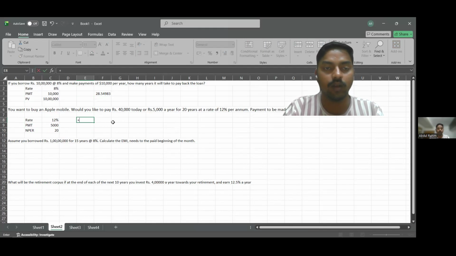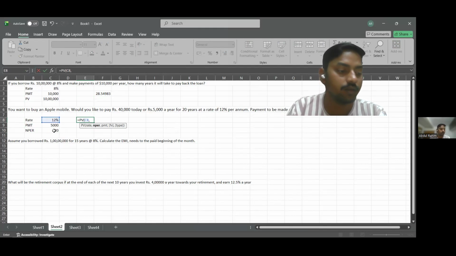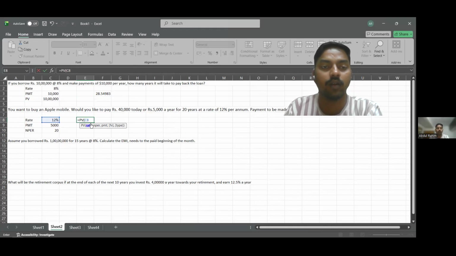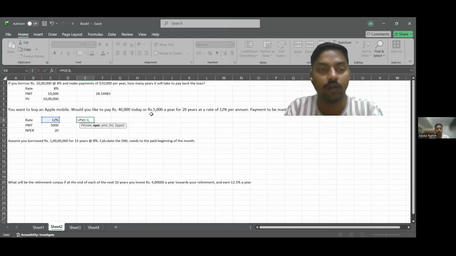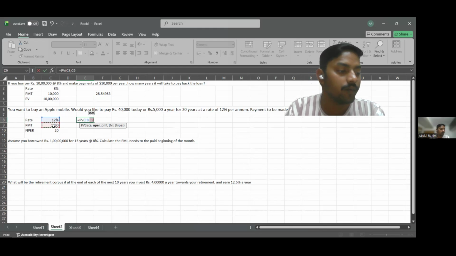I'm going to use the formula present value. So the rate is 12%, comma, NPER is, but the rate is an annual rate, so PMT is 5,000, and the number of years is 20.